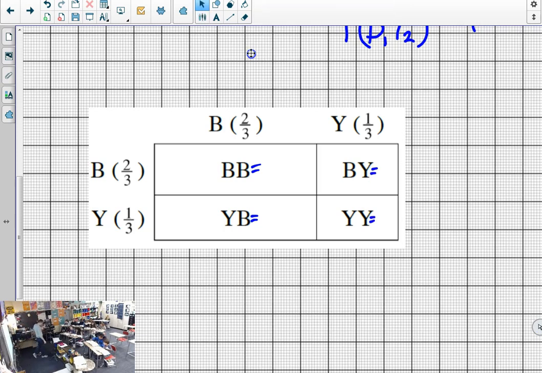Why did they make it the size that they did? Try to match the size of this. Making the BB and the YB bigger boxes.